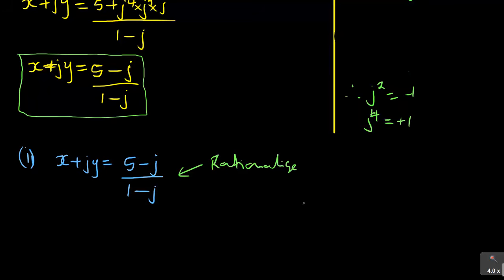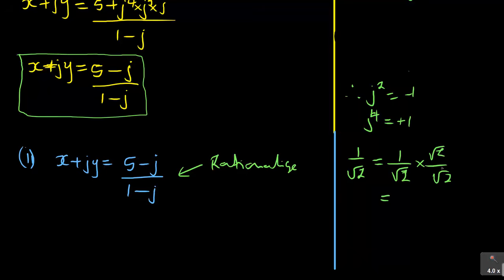Now, if I'm going to rationalize, remember these are complex numbers, and when you're talking about complex numbers, we're talking about square root. If I'm given, for example, 1 over square root of 2, and I must rationalize that, it is 1 over square root of 2, which is square root of 2 over square root of 2.